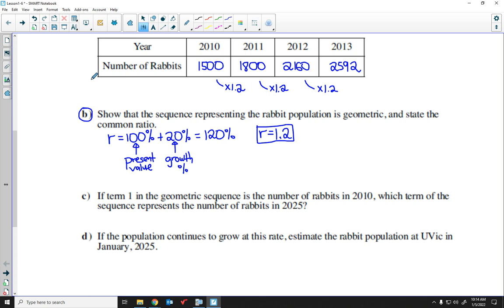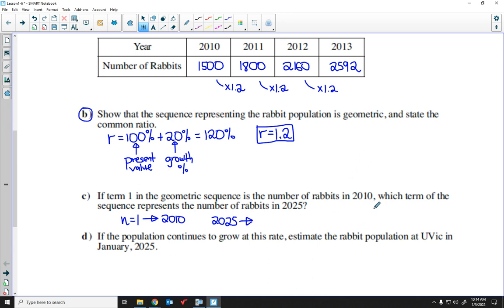Here's the deal. I'm going to start by counting off. When n is equal to 1, that is 2010. Now, I want to know what the n value is when I get to 2025. So we can go ahead and count this. I'll use a little tally chart to keep track.